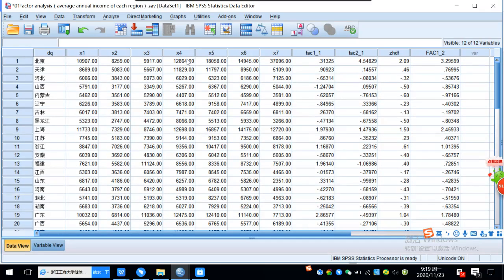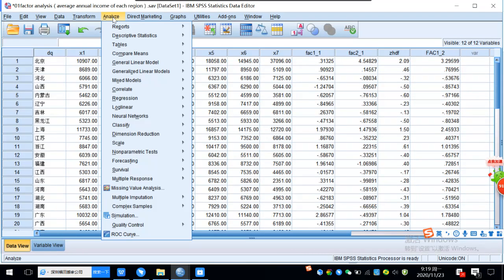First, let's look at step 1. To use factor analysis, we click Analyze and then look here, Dimension Reduction, Factor.